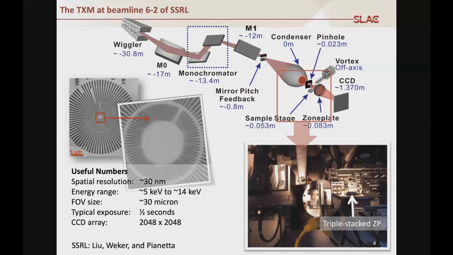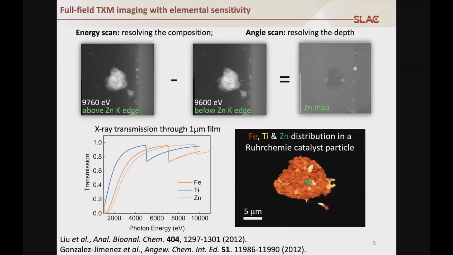Another major thing about X-ray microscopy with the large-scale synchrotron facility is that you can tune the X-ray energy. Let me give you one example here. In this particular sample, I know that we have iron, titanium, and zinc in this particle.